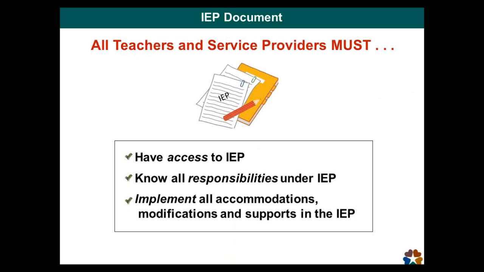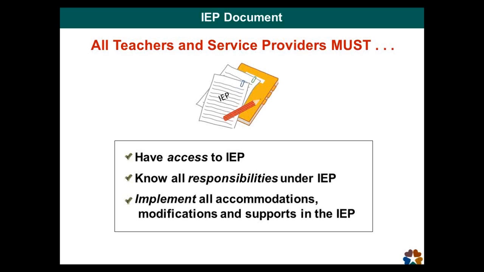Once the IEP has been accepted, all service providers must have access to that IEP, know their responsibilities under the IEP, and they must implement those accommodations, modifications, and supports. It does not say that they must have a copy of it, although it is a good idea. And so you as a parent may want to, at the beginning of the year, beginning of the semester, have a quick conversation with the teacher and inquire as to whether or not, A, they realize your child is on an IEP, and B, if they have it.